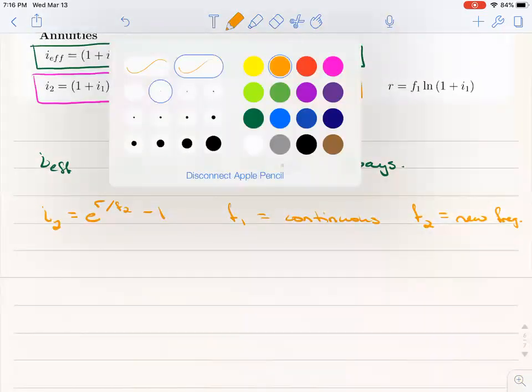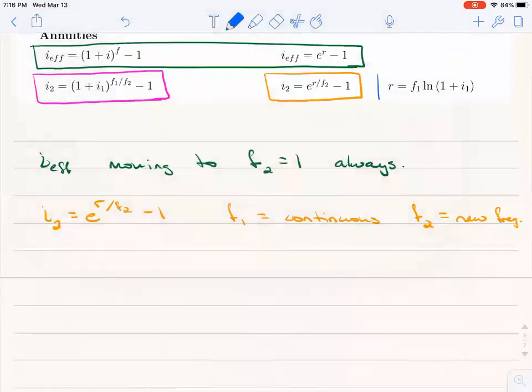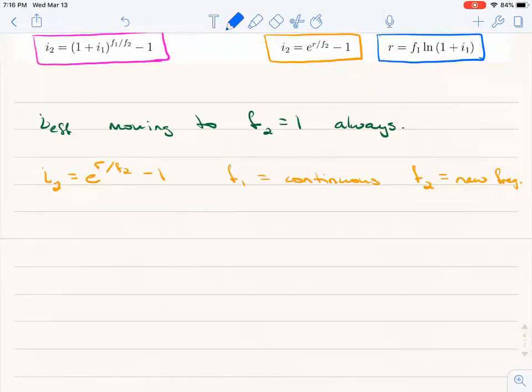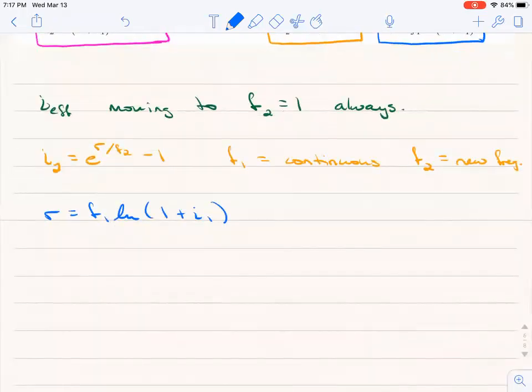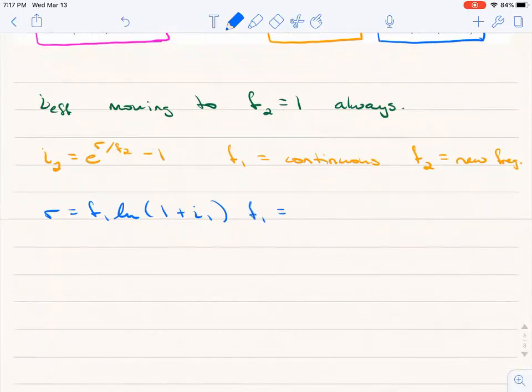What other color can I use here? Blue. Whereas R equal to F1 times the log of 1 plus I1 is moving from F1 equal to the old frequency to some F2 which is continuous. So it's just those special cases.